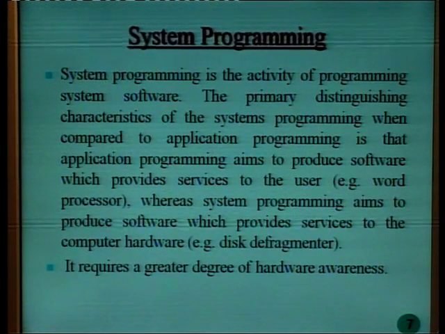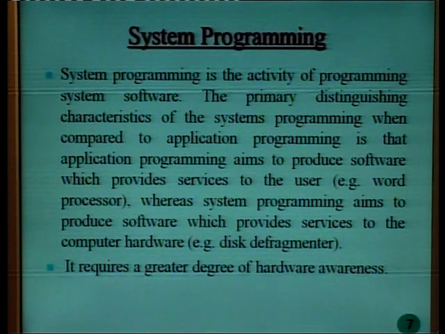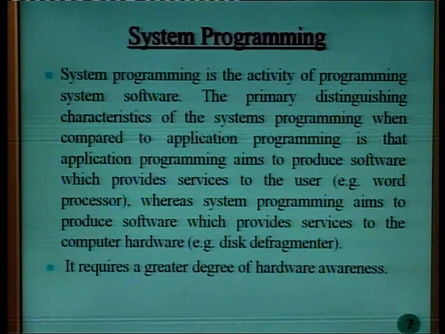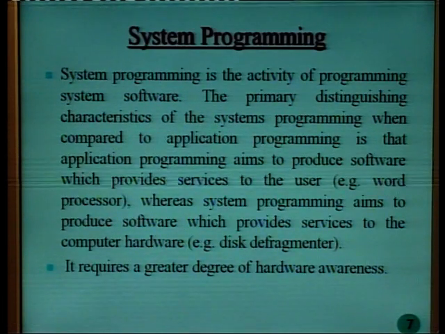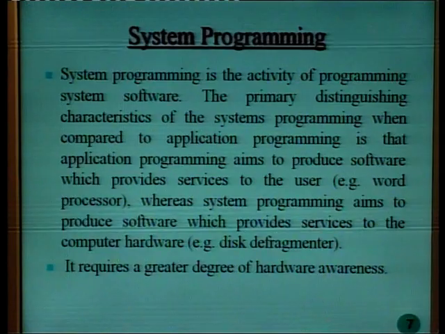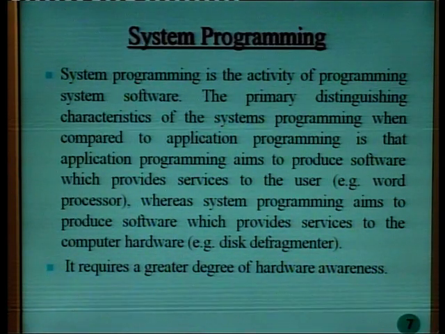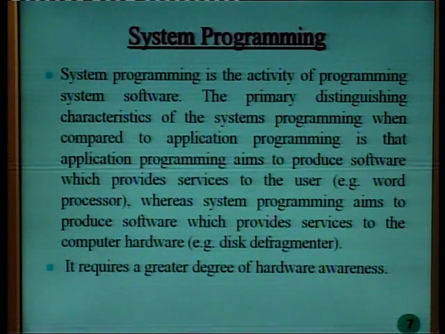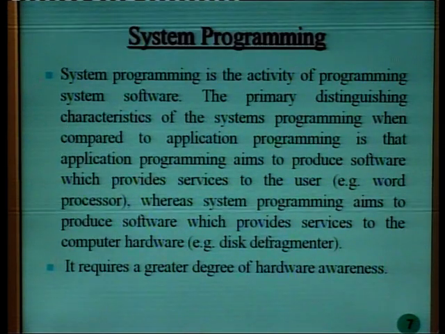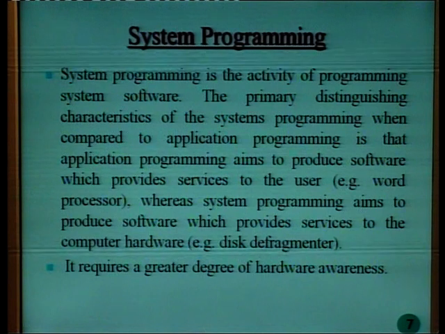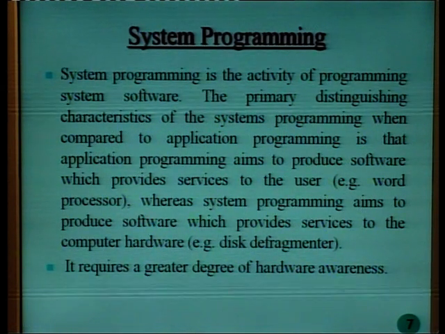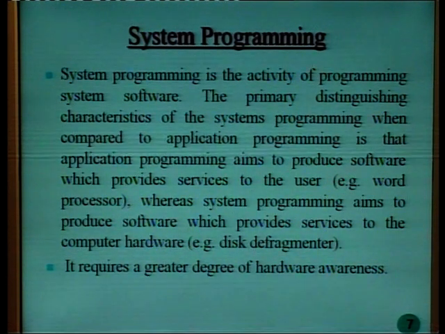The primary distinction, or characteristic, of system programming when compared to application programming is that application programming aims generally to provide software which helps the user or provides services to the user, like a word processor, WordPad, banking software, or a railway reservation system.